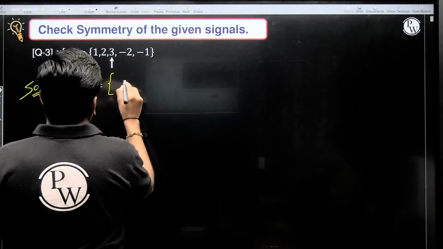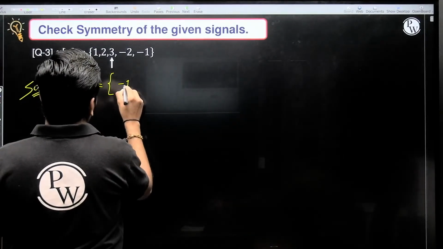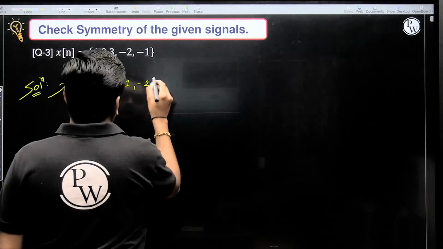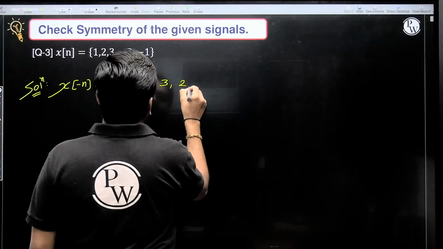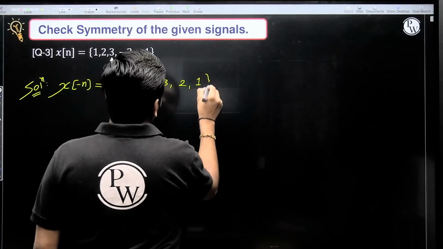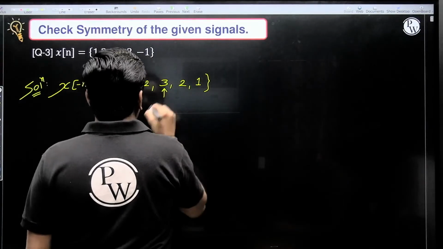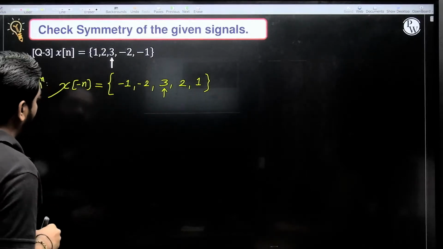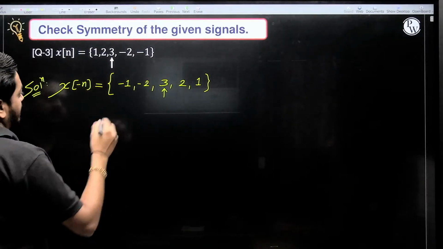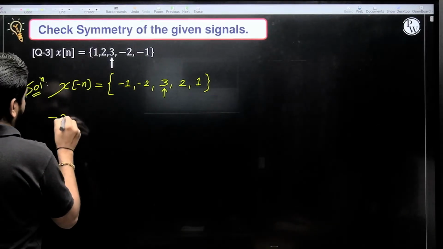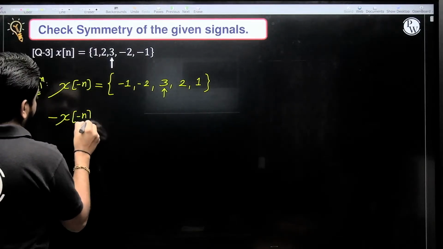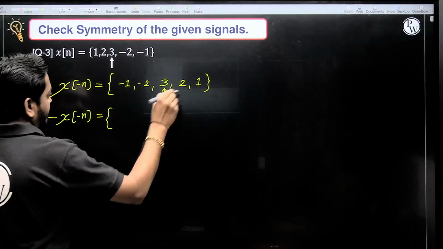Simply see minus 1, minus 2, then at origin 3, this is 2, this is 1. This is the time reversal, which is not equal to x of n. That's why it is not an even signal. Now amplitude reversal, you have to change the sign of each and every sample's amplitude.